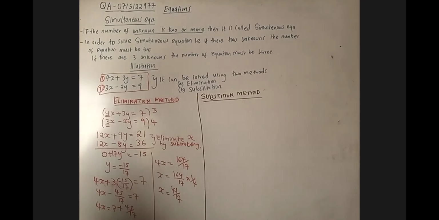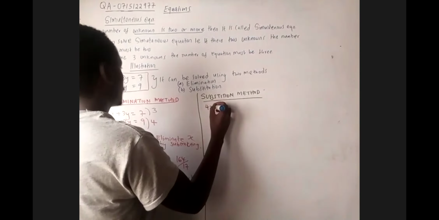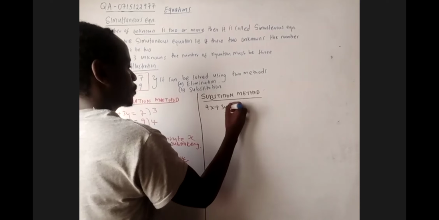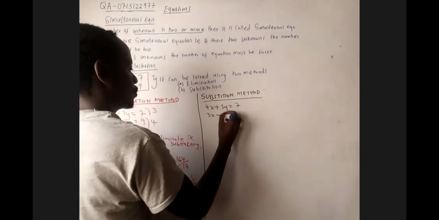Sawa sawa. So let us see. So substitution, tunasema 4x plus 3y is equal to 7, 3x minus 2y equals to 9. So how do we substitute?